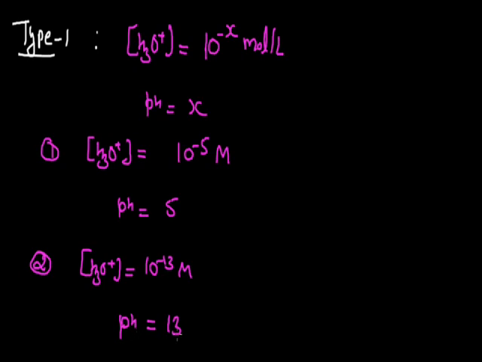From the value 13, since it comes in the range of basic substance, this solution is basic in nature, or this hydronium ion concentration represents the presence of a basic substance.